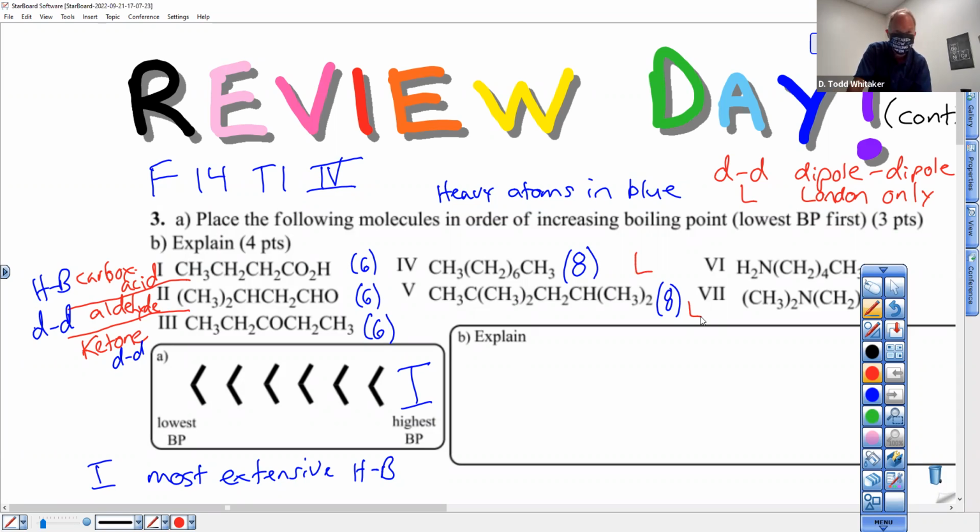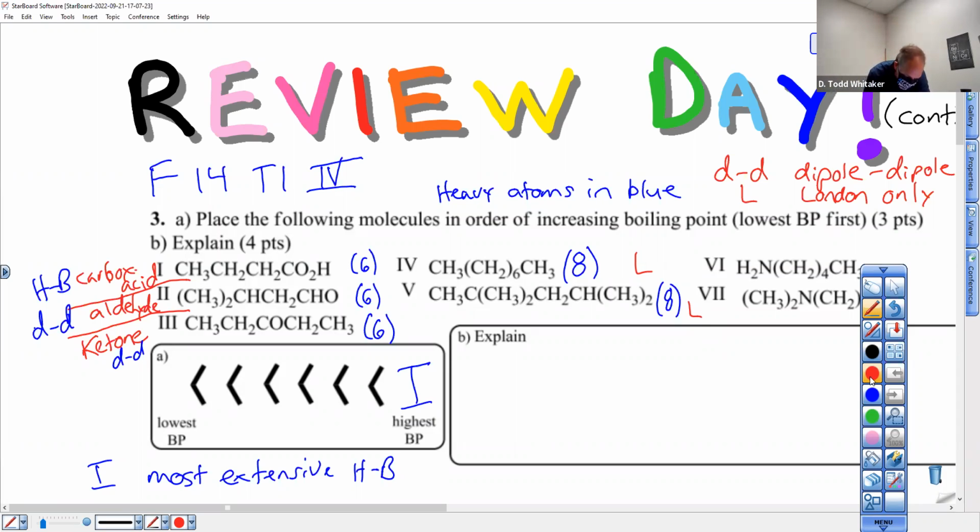And we've matched that too, haven't we, with the number of heavy atoms. So then you're going to go with the one that's branched, being what, higher or lower forces? Remember, branching is like making it in a ball, and you can't get balls as close to each other as flat sheets. Remember that? So the branching in V is going to lower the intermolecular forces compared to IV.